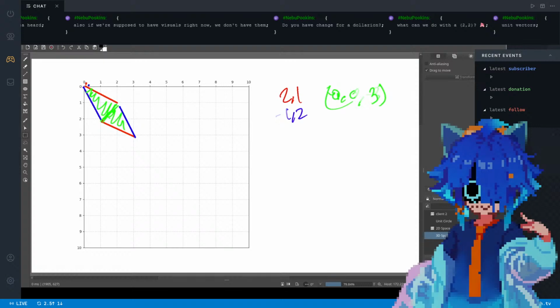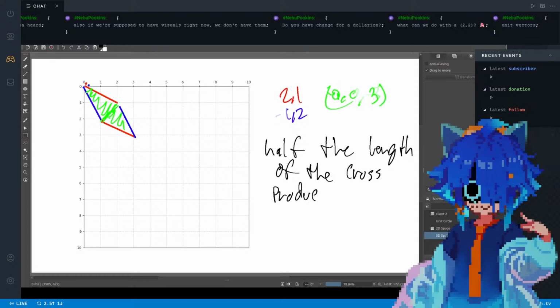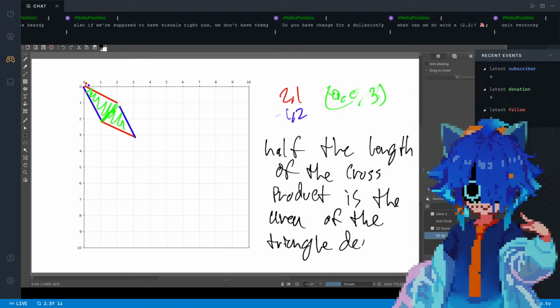So half the length of the cross product is the area of the triangle defined by the two vectors.